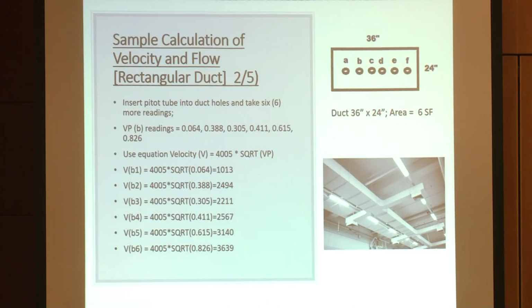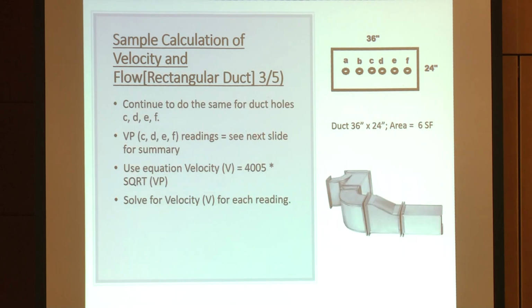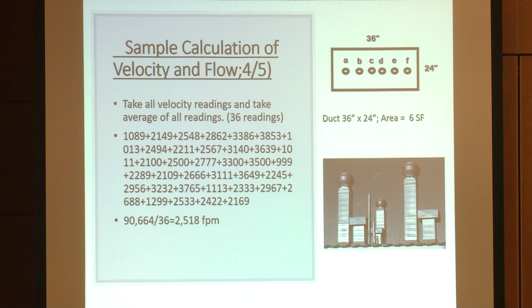Pretty soon, you've got your B hole, your C hole, your D hole, you've got all those things. You're doing it every time, right? Every time. Here you go. Do the same thing for C, D, E, and F, right? Same thing. Now, you take all those readings, here they are, and you average them.